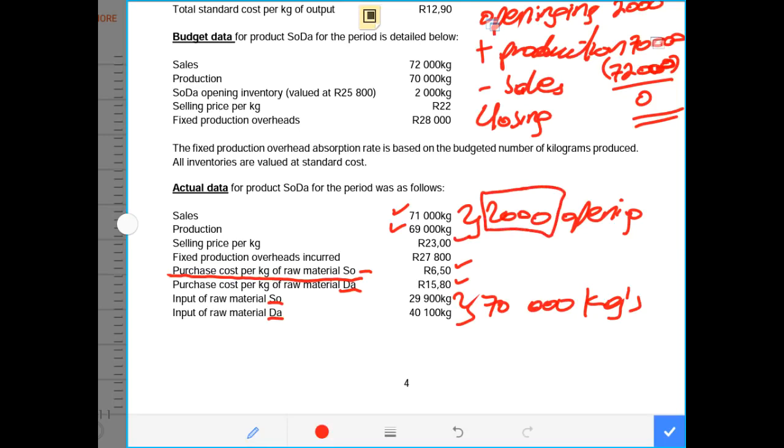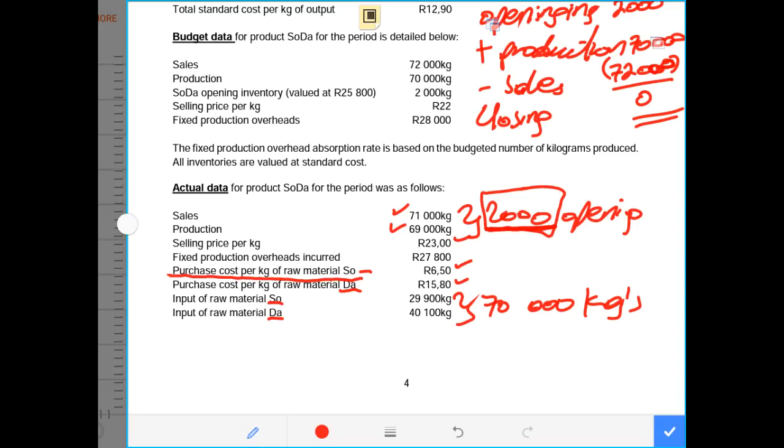This is the opening inventory in the month of November, but it was the closing inventory of October. So the 2,000 units of opening inventory were manufactured in the month of October, and we don't know the total production cost per unit for October, so that we can multiply the cost per unit of October by the closing inventory of October so that this becomes the opening cost in the month of November.